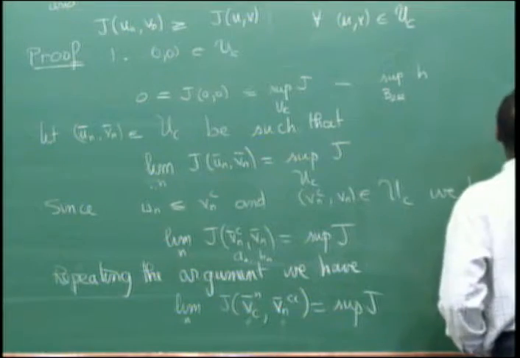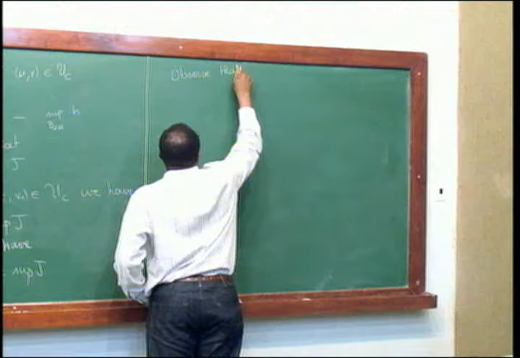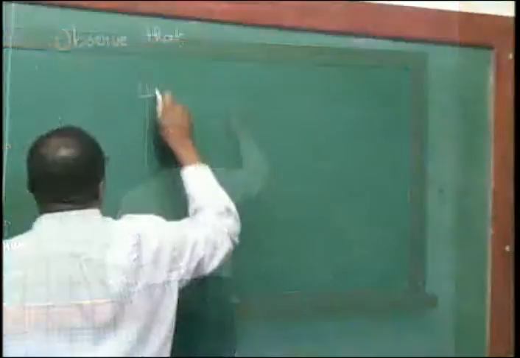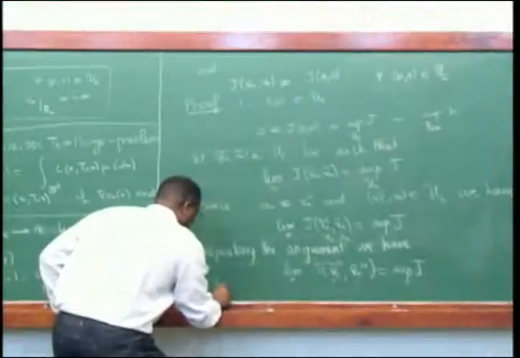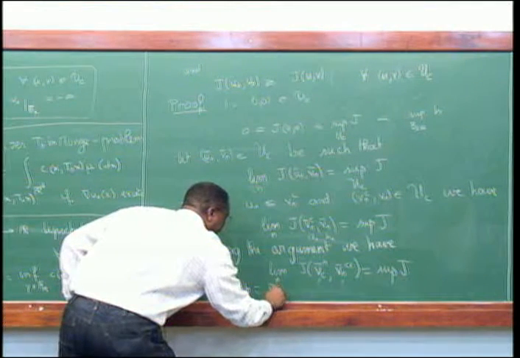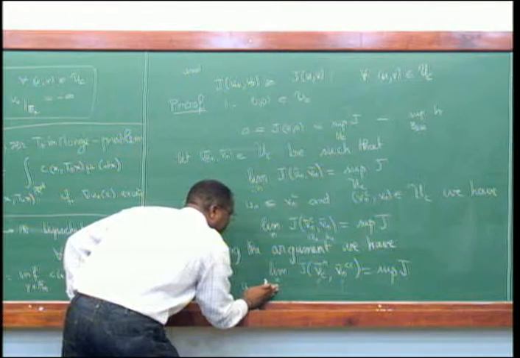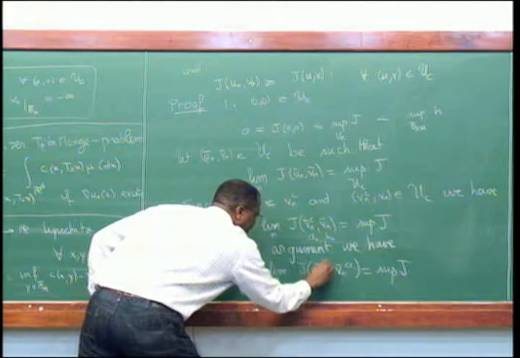So observe that the Lipschitz constant of, let me say, set un to be v bar nc, and vn to be v bar ncc. Sorry, it is n here, and it is c.